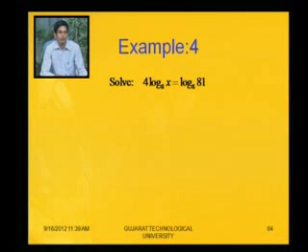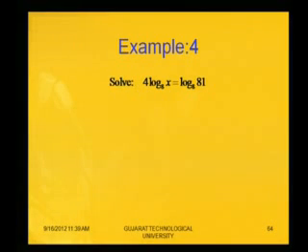Solve 4 log base 8 of x equal to log base 8 of 81. This example we will discuss on table. The question is 4 log base 8 of x equal to log base 8 of 81.